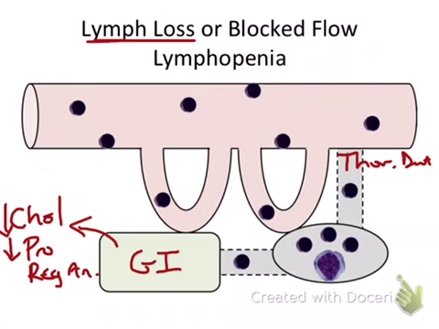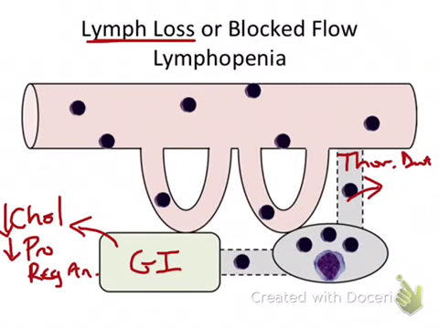The thoracic duct can either leak or it can have some sort of trauma that causes disruption of the thoracic duct, and the lymphocyte-rich lymph fluid can then enter into the thoracic cavity.